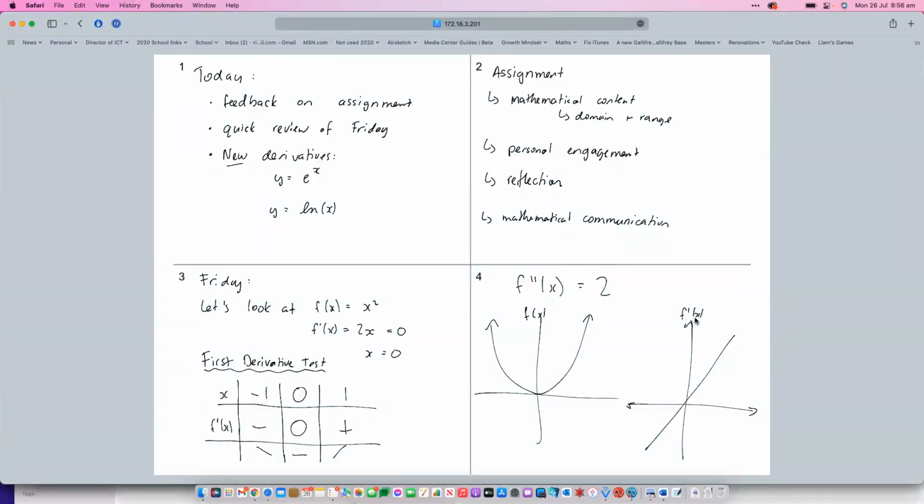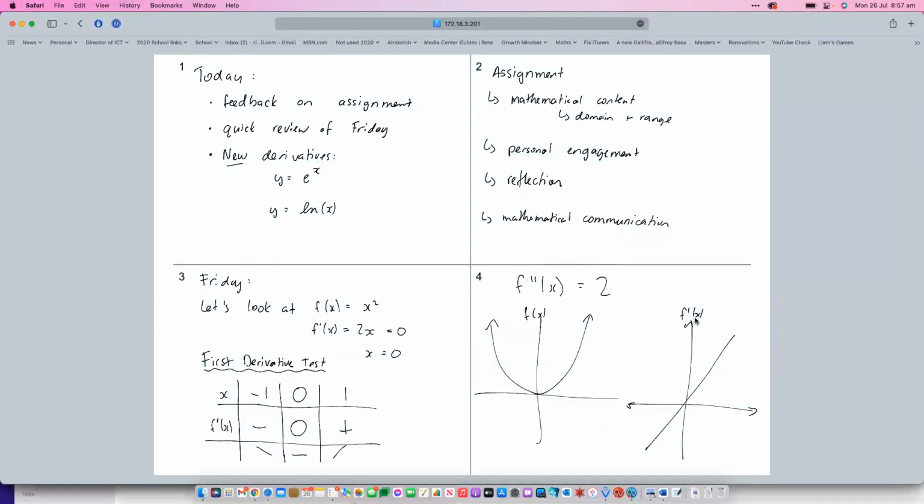The values must go from negative to positive because its gradient is positive. There's no other way you could interpret it.